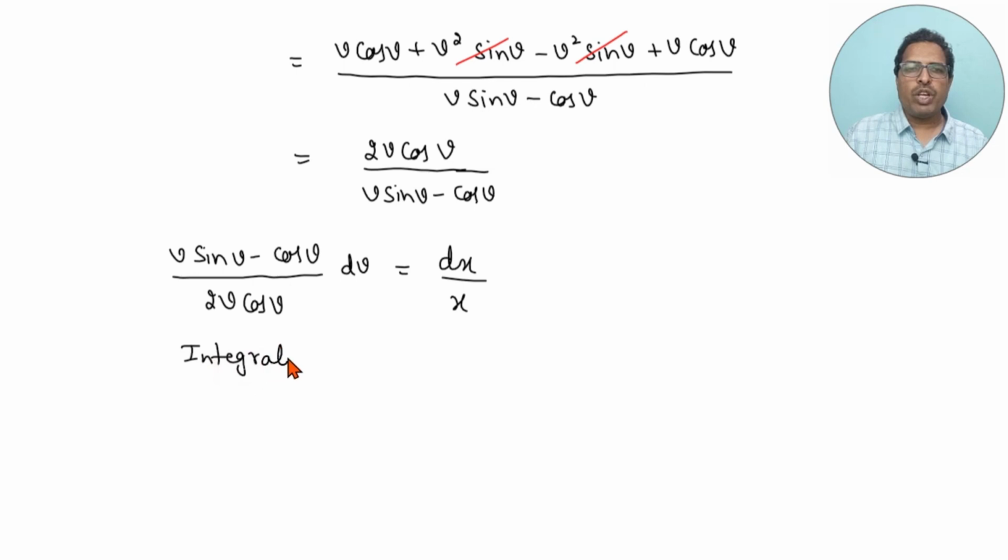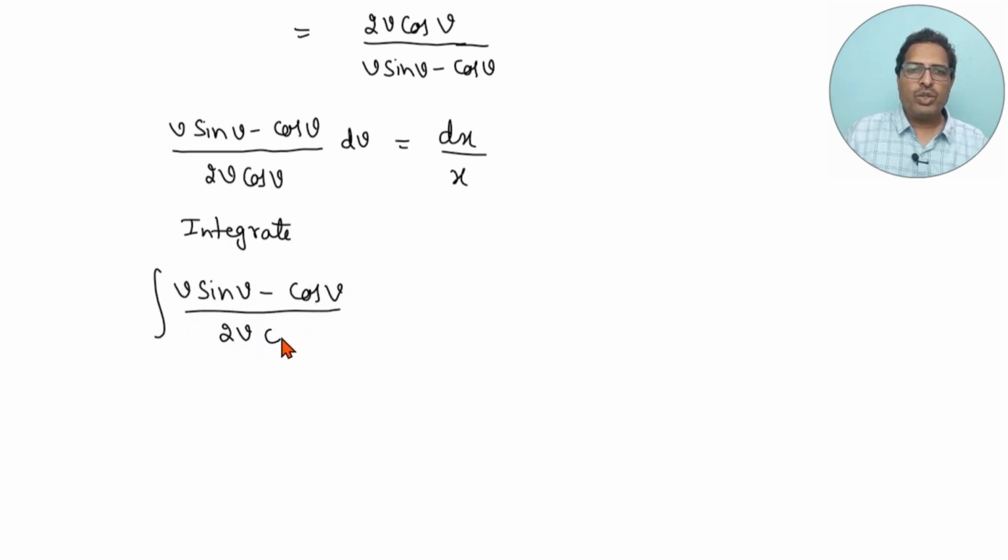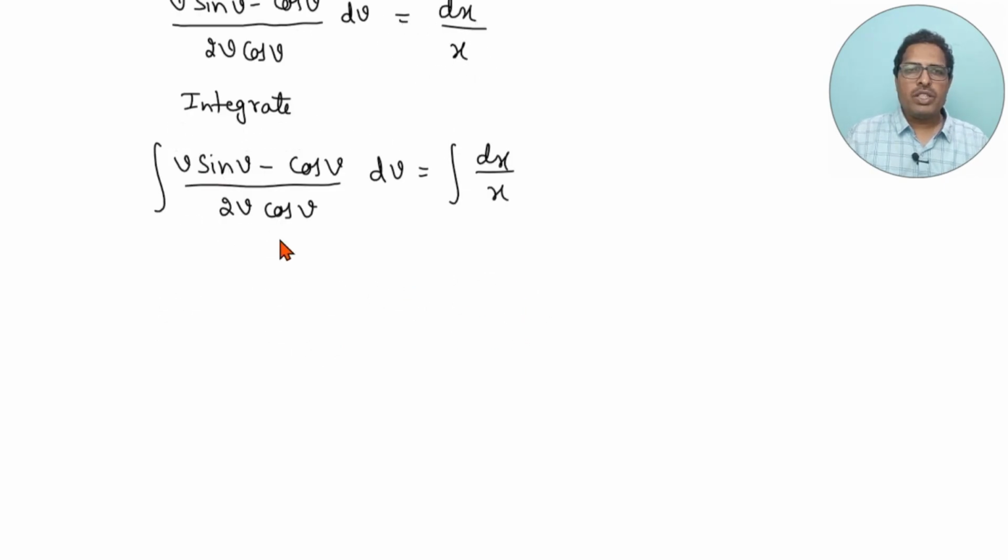So we will try to integrate on both the sides. So if you integrate, we get integral of v sine of v minus cos of v divided by 2v into cos of v times dv is equals to, you have integral of dx by x. Now let us try to split this one.